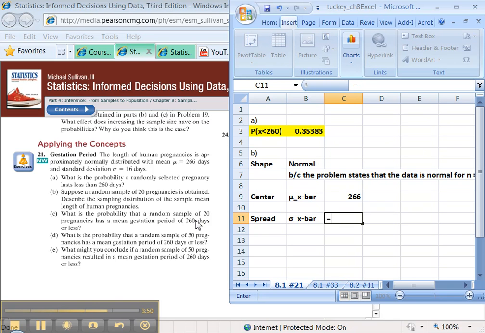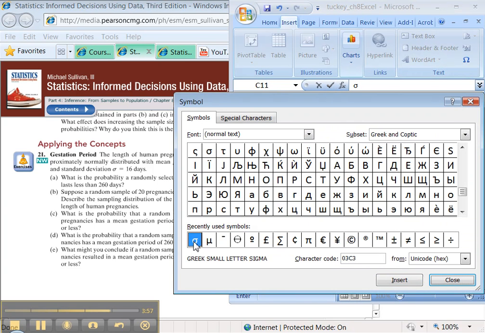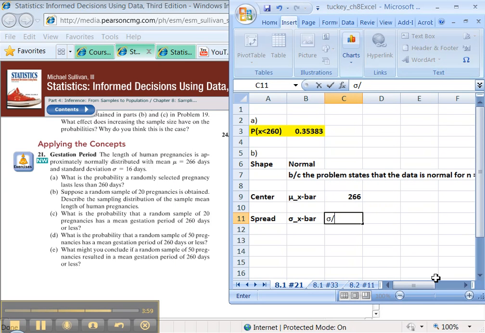The formula for that is sigma divided by the square root of n, your sample size. So in our case, that would be 16 divided by the square root of 20. That, right there, that's your spread. It's called the standard error, not the standard deviation anymore.